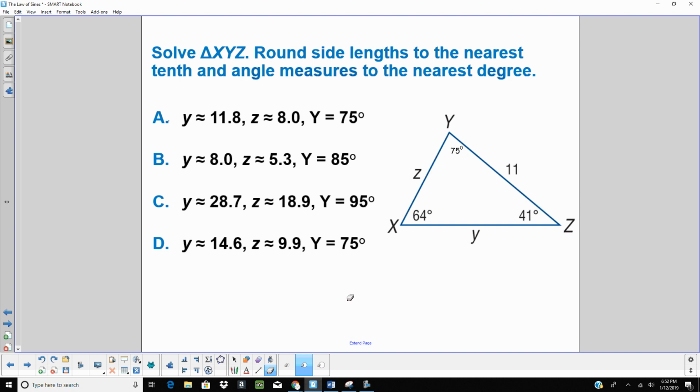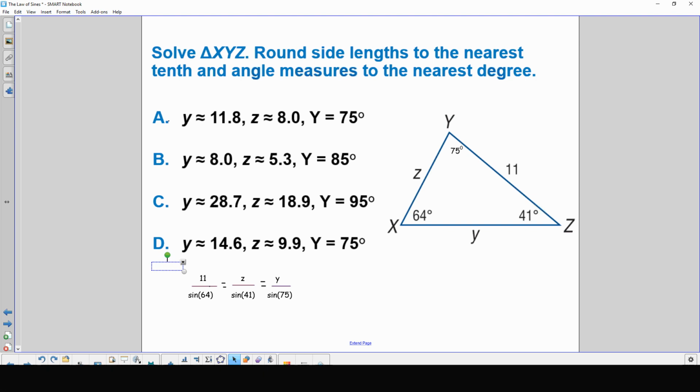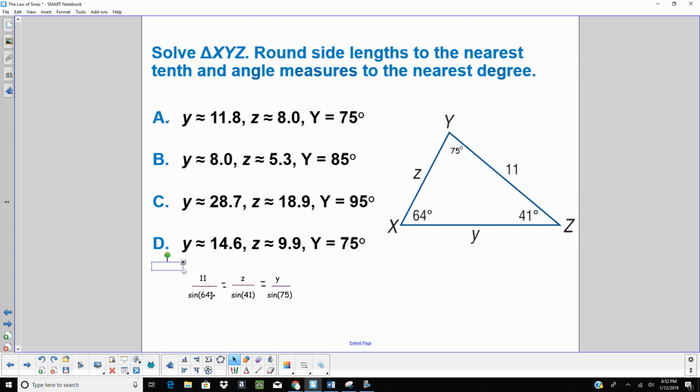So now I need to figure out my sides. And when I do that, the ratio that I'm setting up is 11 over the sine of 64 equals Z over the sine of 41 equals Y over the sine of 75.